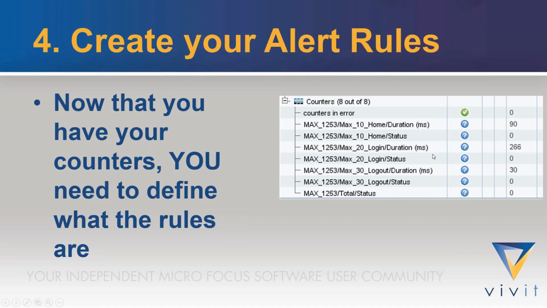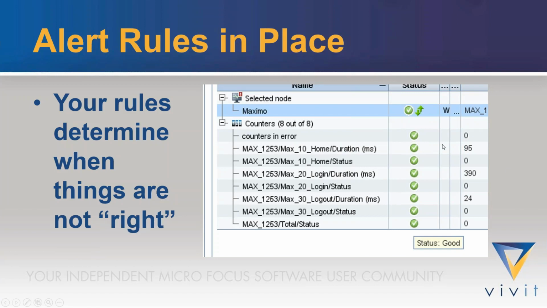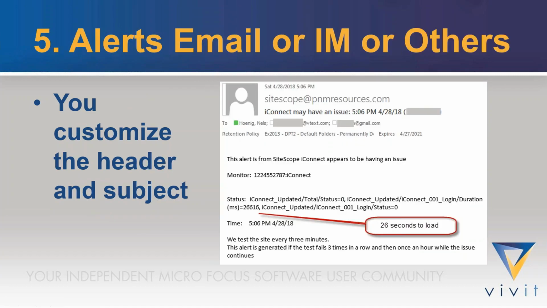Once you've established what the rules are, you can come back to this dashboard view, which you see, and you see lots of green happy check marks, meaning your status is good. This is all very user controllable. The other thing that could happen is when an event happens that triggers an alert, you can send alerts. There's a whole bunch of different ways.